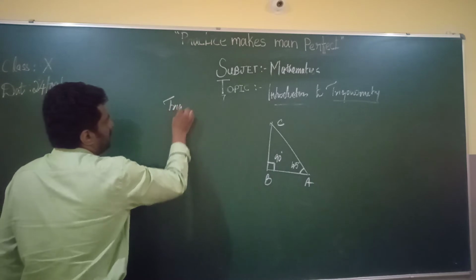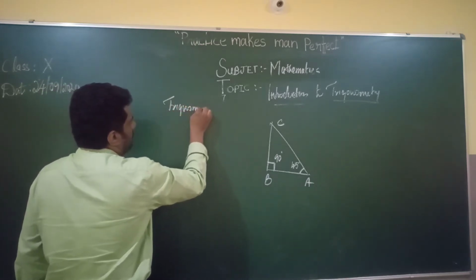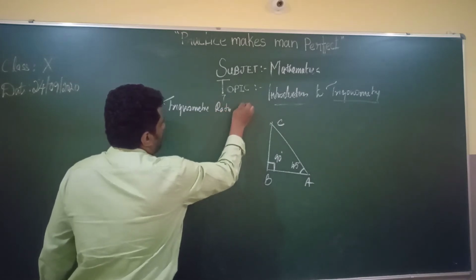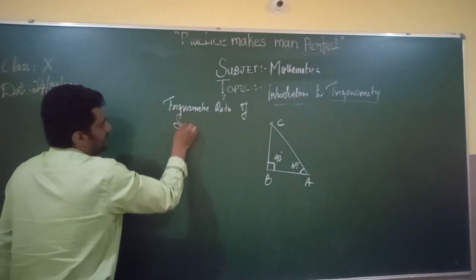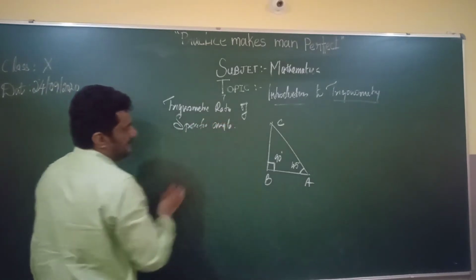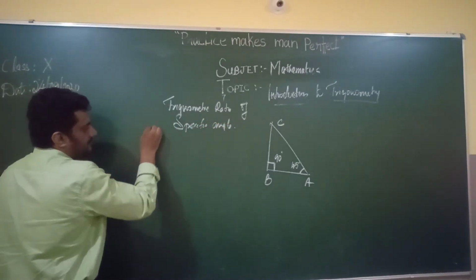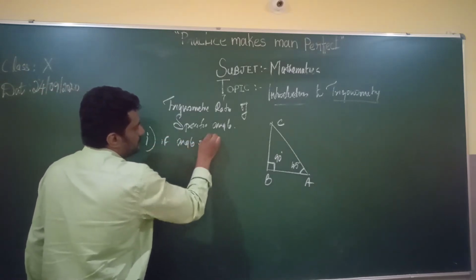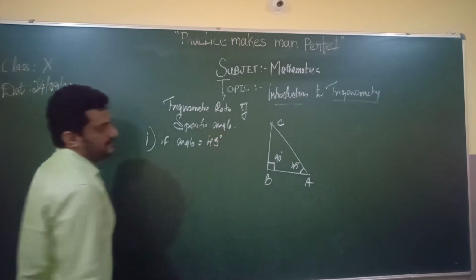Trigonometric ratios of specific angles. Let's start with if angle equal to 45 degrees.